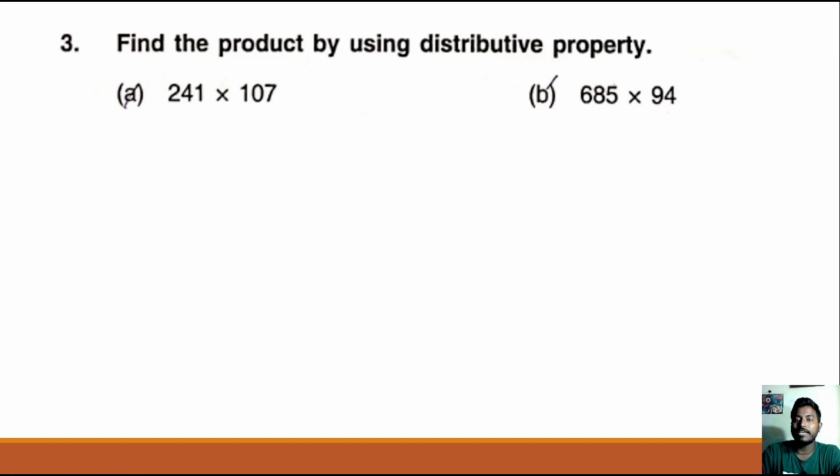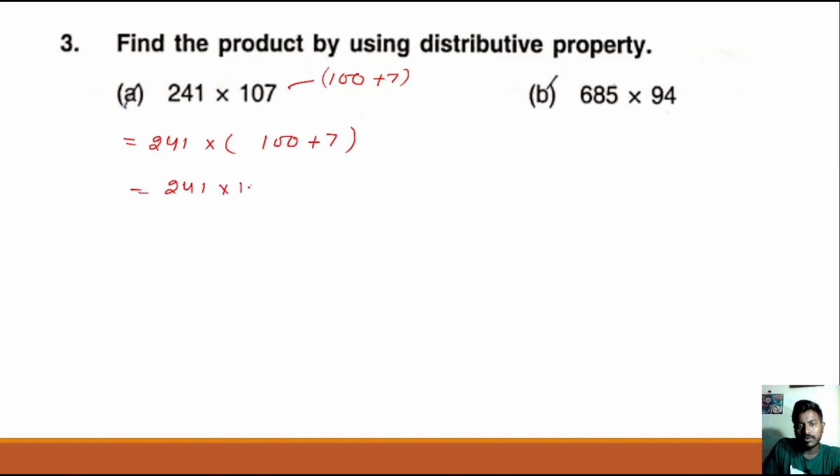Find the product by using the distributive property. First we know that 107 we can write as 100 plus 7, yes or no? So simply we can write 241 into, in bracket, 100 plus 7. Now by the distributive property, 241 into 100 plus 241 into 7.